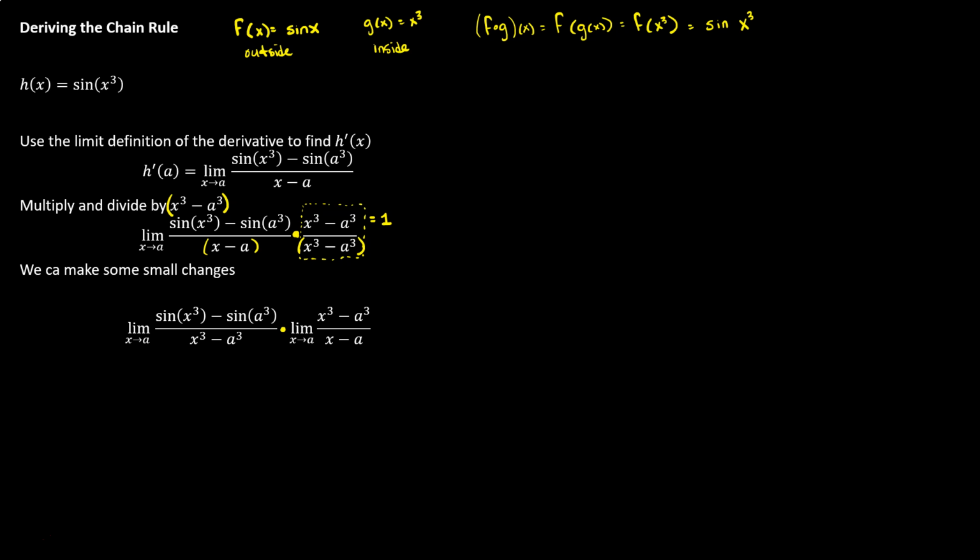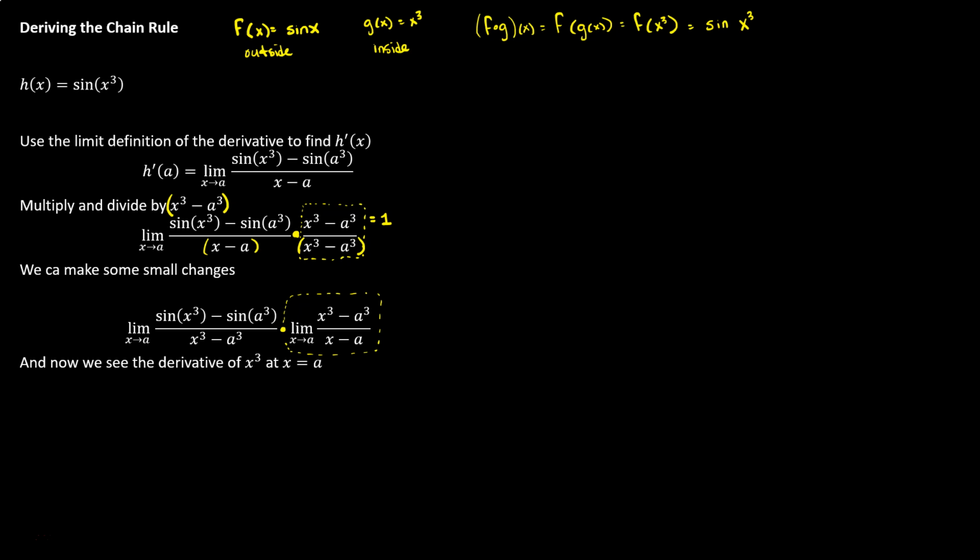And we wanted to do that because doing so allows us to see that this second limit is following the format for the definition of a derivative. In fact, inside of that second limit, we can see the derivative of the function x cubed evaluated at a.